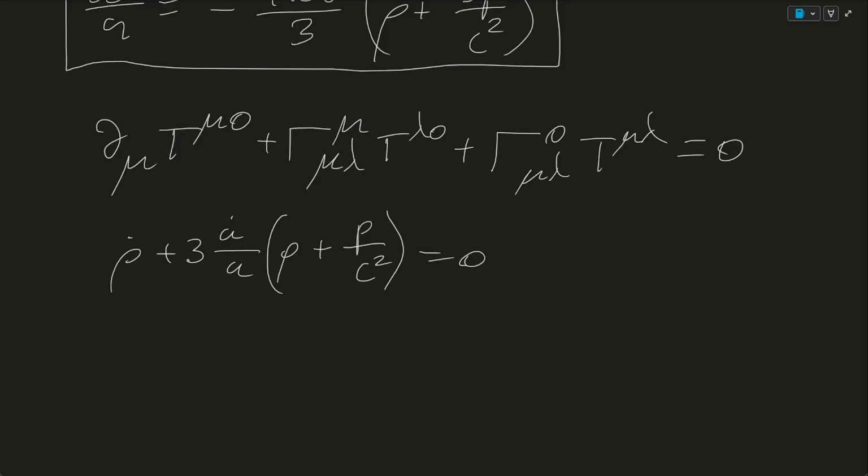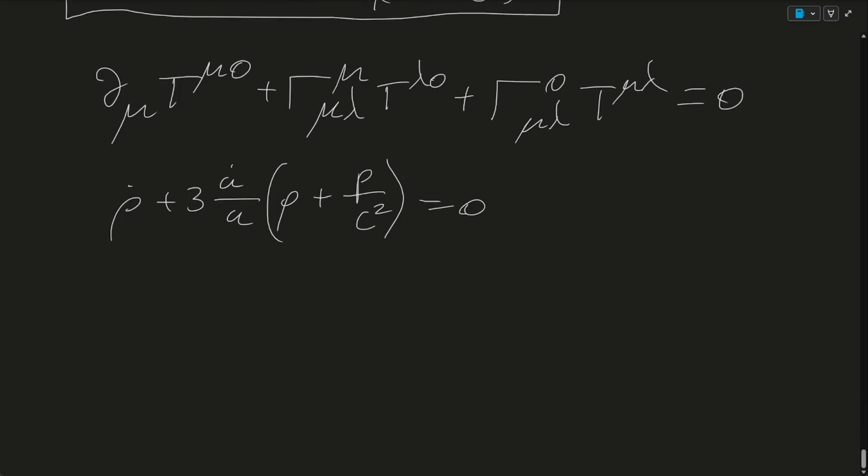What can be shown by differentiating the first Friedmann equation and by using the fluid equation is that the second Friedmann equation follows from the first and the fluid equation.